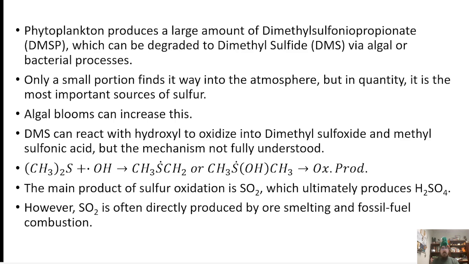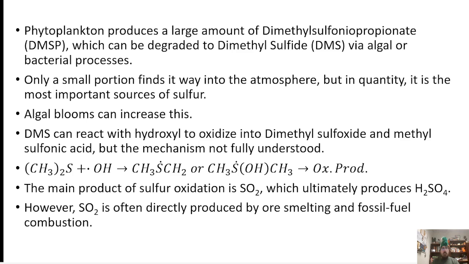Only a small portion of this DMS does find its way into the atmosphere, but in quantity, it is the most important source of sulfur because we have so much phytoplankton. Even if only 1% of what's produced finds its way into the atmosphere, 1% is enough.